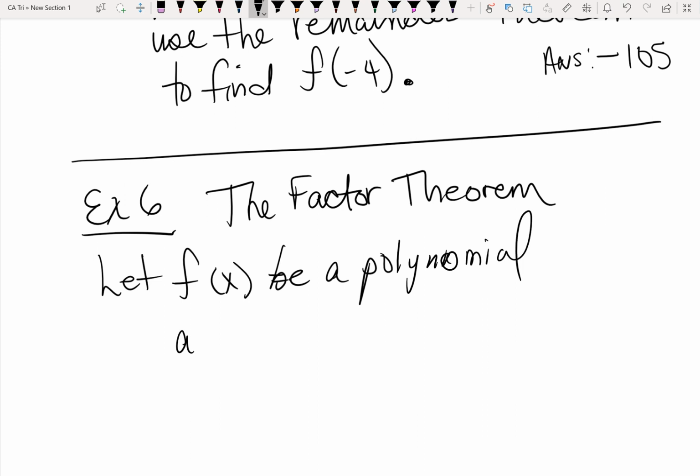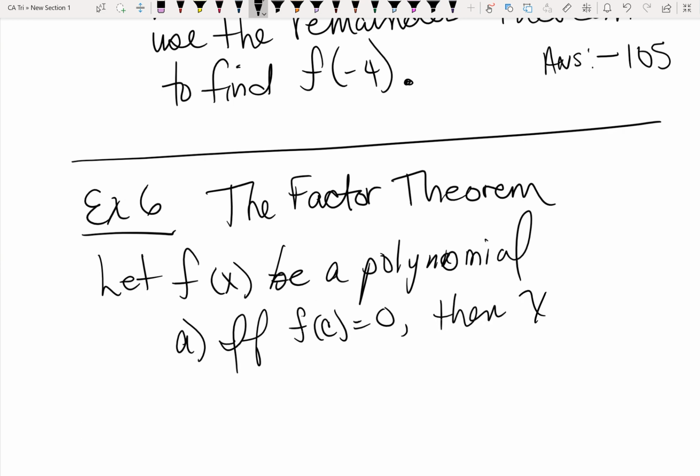If f of c is equal to 0, then, and this is the question they always ask on the SAT, notice that this is c and this is x minus c, x minus c is a factor of f of x.